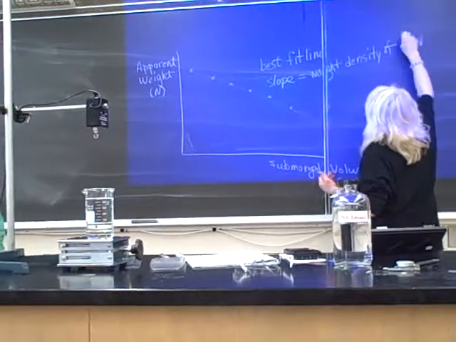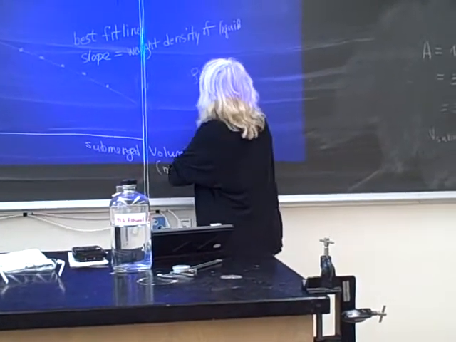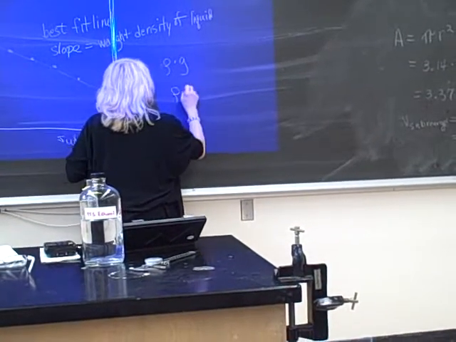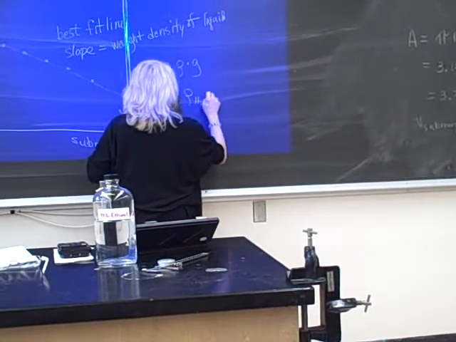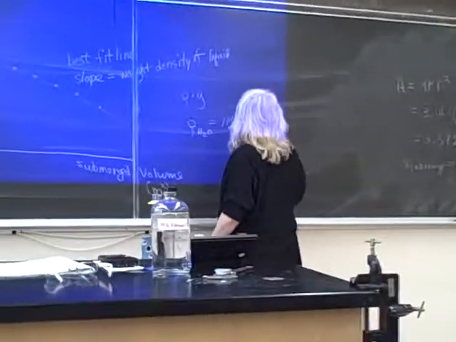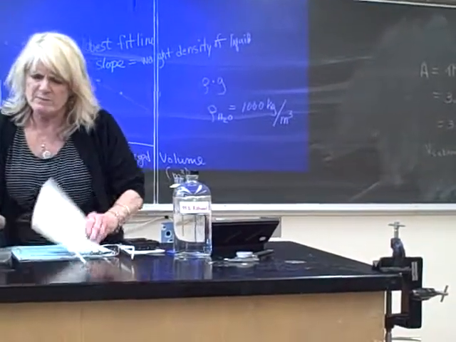The weight density is the density, rho, times g. So rho of water is 1,000 kilograms per cubic meter. So that's a metric ton per cubic meter.